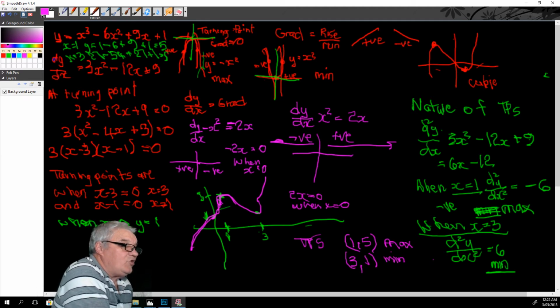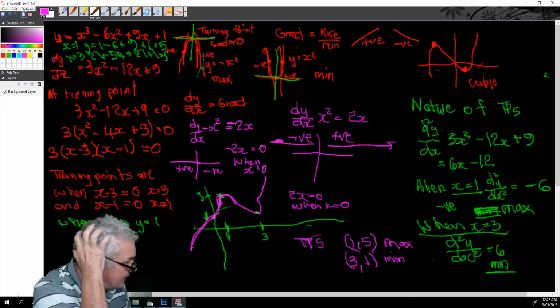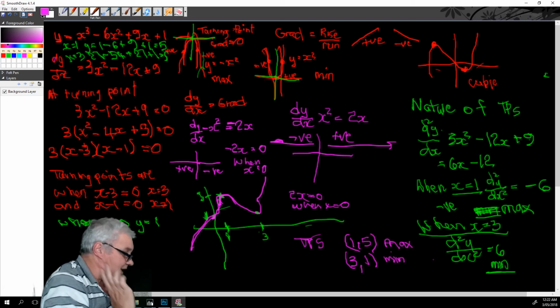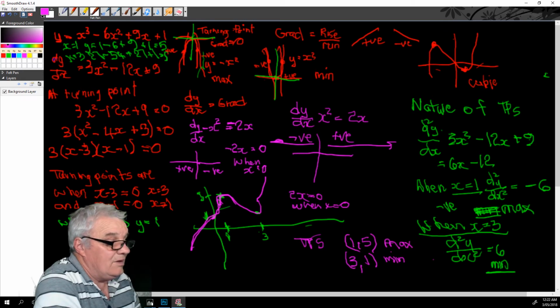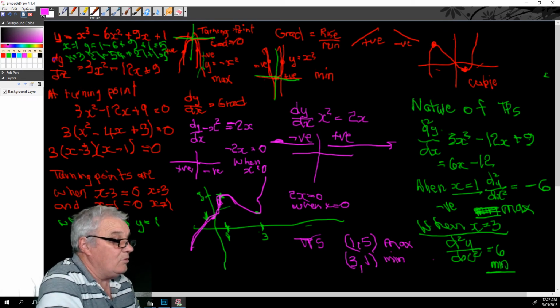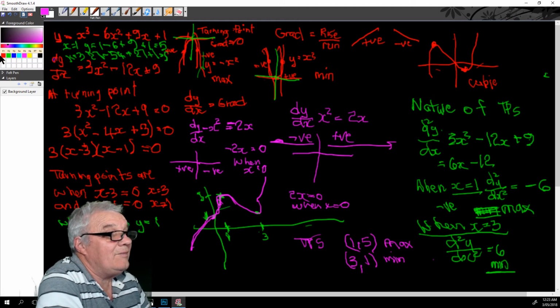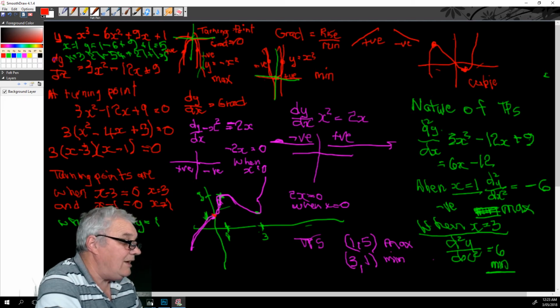And then we started drawing up the graph to get a bit of an idea of what it looked like. And then we started looking at the nature of the turning points over here. So we found out the y-intercept here. Okay, that gave us a bit of a clue that it must be doing something like that.